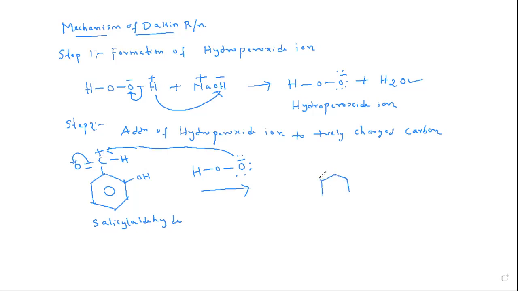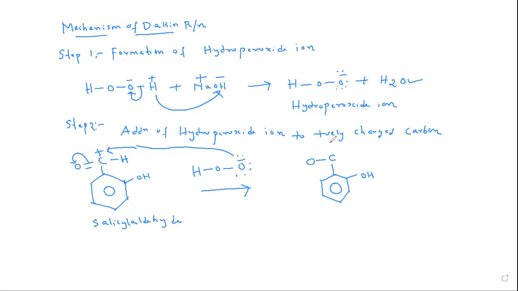So you can draw the same benzene ring, okay, with OH group as usual. The same benzene ring I have drawn here. The same OH group I have written here. So what is a new thing I'm going to do, here you will get only single bond oxygen. Why? Because you have transferred this pi bond towards oxygen.